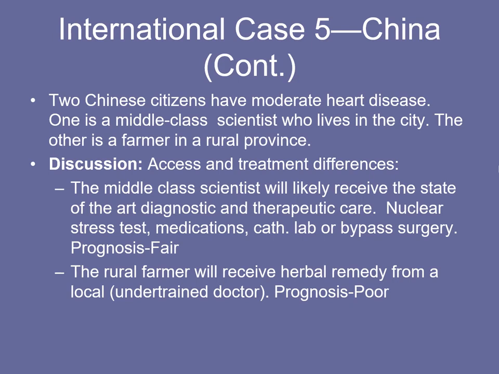The rural farmer will probably receive an herbal remedy from a local undertrained doctor, will not have access to a lot of the medications, probably not have access to the diagnostic stress testing, nor the invasive procedures such as the cath lab or bypass surgery.